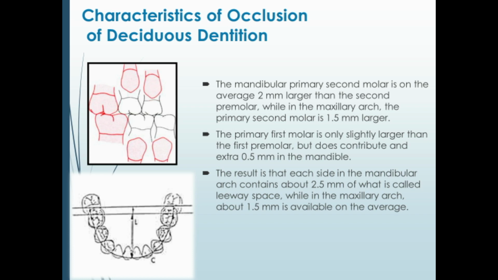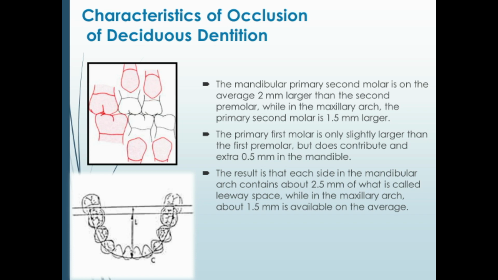The mandibular primary second molar is on average 2 mm larger than the second premolar, while in the maxillary arch the primary second molar is 1.5 mm larger. The primary first molar is only slightly larger than the first premolar, but does contribute an extra 0.5 mm in the mandible.